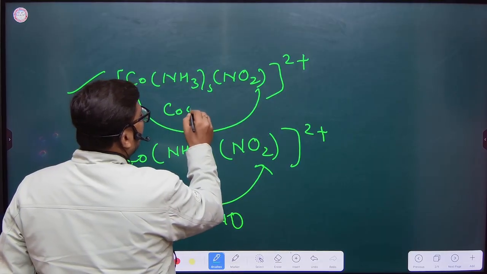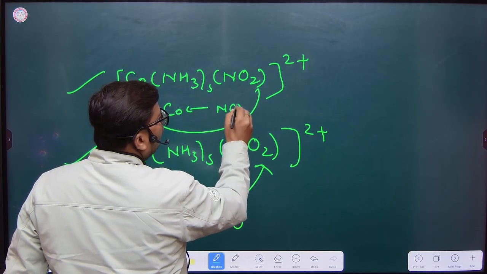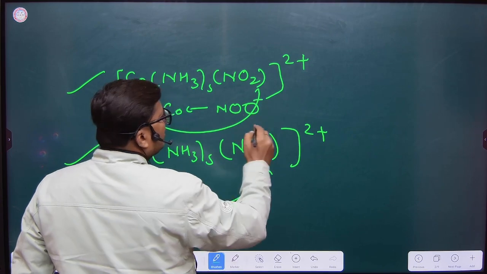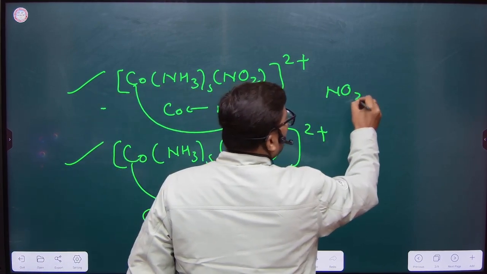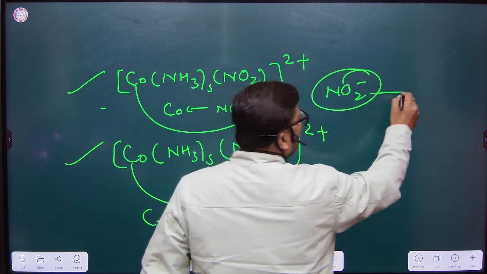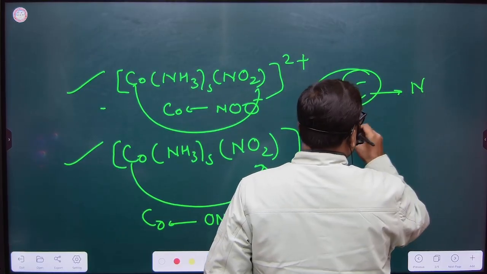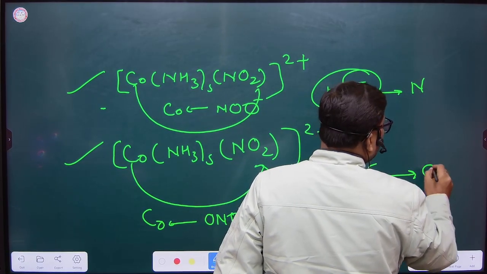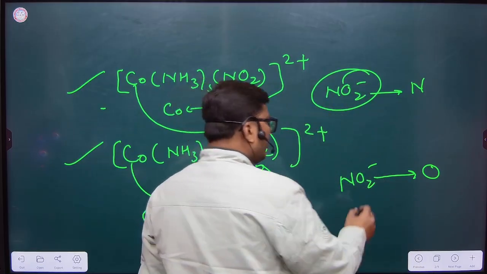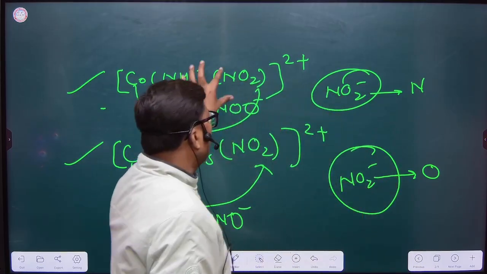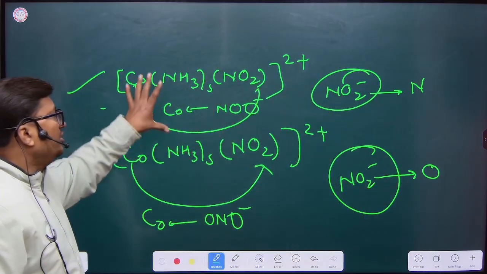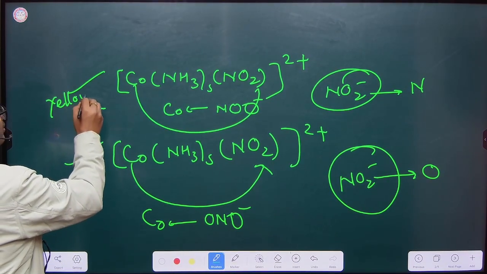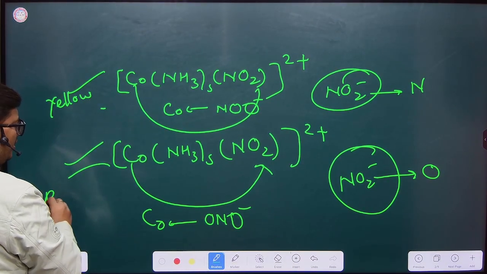Here cobalt bonds through N, right? So here in NO2 minus, nitrogen acts as a donor, or here in NO2 minus, oxygen acts as a donor center, right? So these two compounds are actually different. This one is yellow in color and this one is red in color.